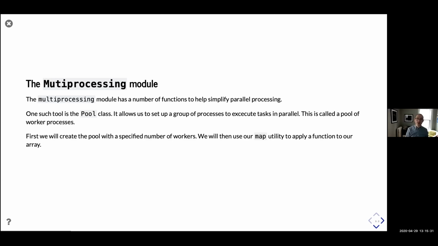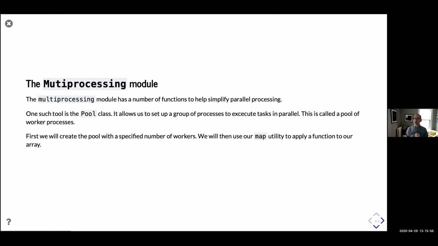We're going to focus on one particular tool that I think is very flexible and somewhat easy to grasp, called the pool. This creates a pool of workers that are all independent processes, available to take in whatever inputs and return whatever outputs.